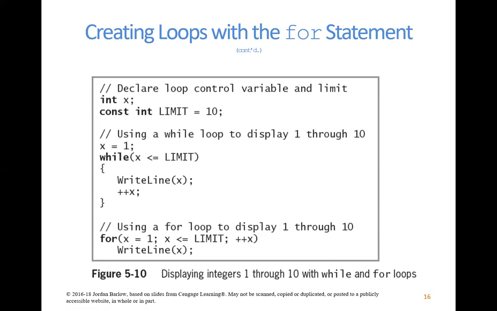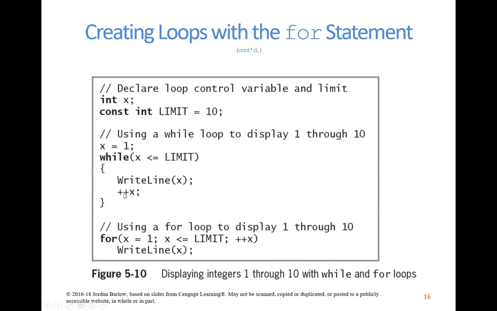That can either be incrementing it by 1, or incrementing it by whatever number, by 10, by 2, subtracting 1. But at any rate, it replaces the line of code that you have to have at the end of a while loop.